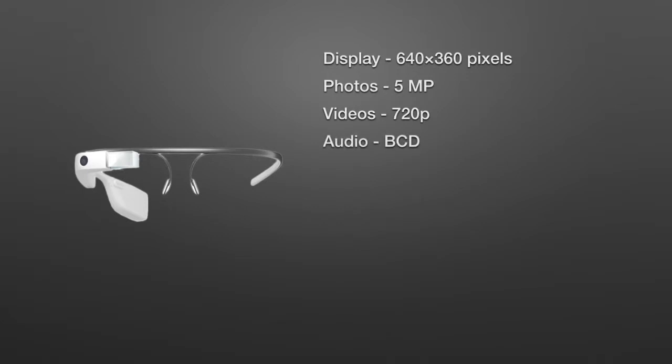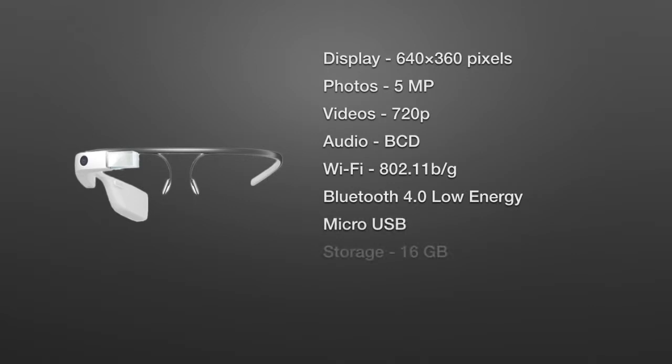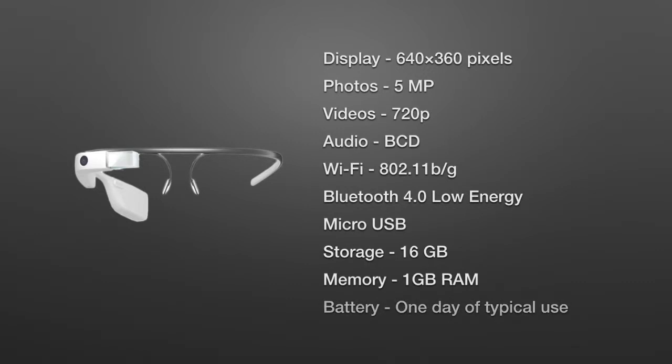Also, it plays audio with the BCT technology, which is really special. Also Wi-Fi 802.11bg and also Bluetooth 4.0 low energy and micro USB of course and 16 gigabytes storage. Also 1 gigabyte memory like RAM. So it has battery life around 1 day of typical use.